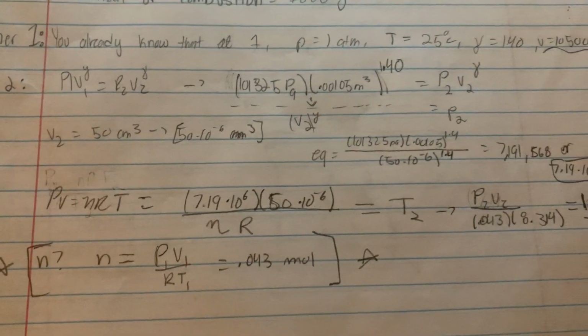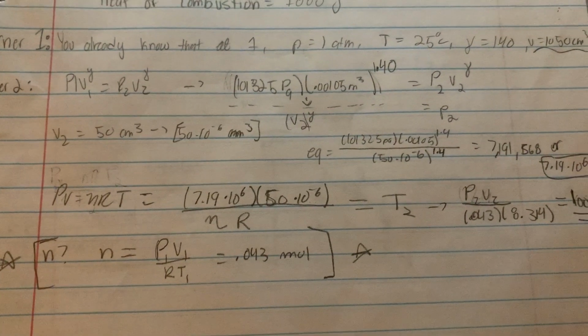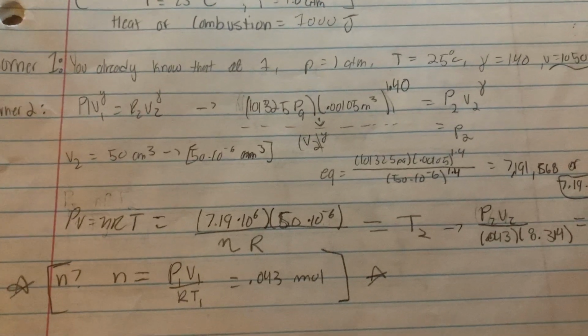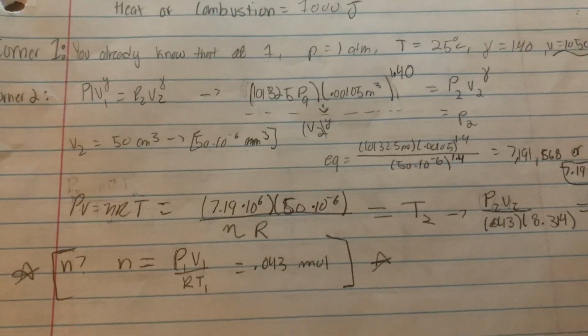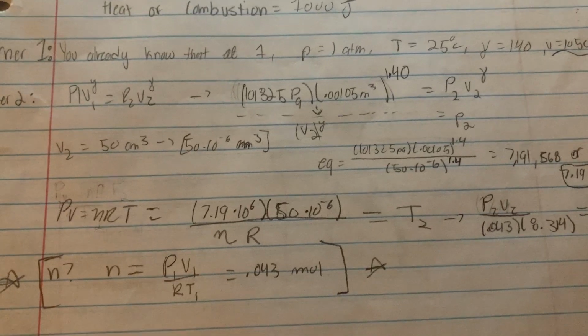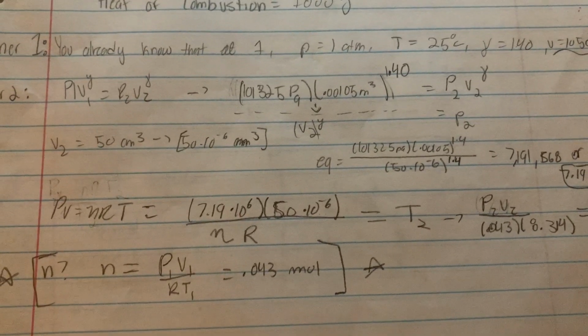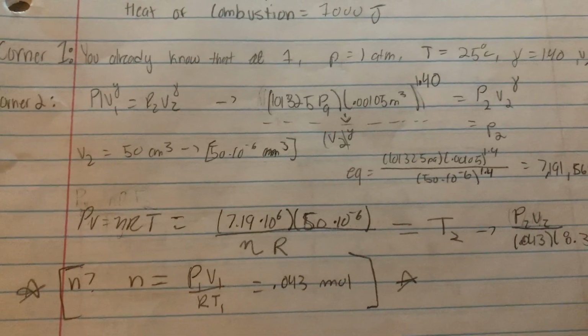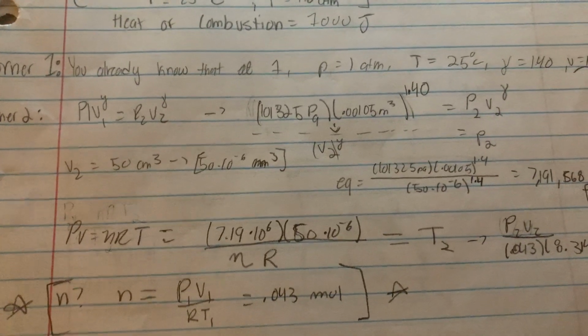Second one, since it's an adiabatic process, you're going to do P1V1 equals P2V2. But it's not that simple. Since it's adiabatic, you have to put the gamma exponent on top, or n. So P1V1 to the n is equal to P2V2 to the n.